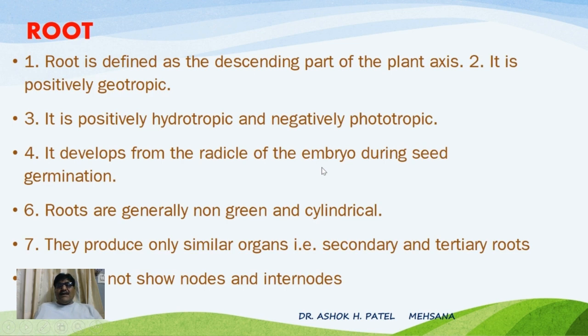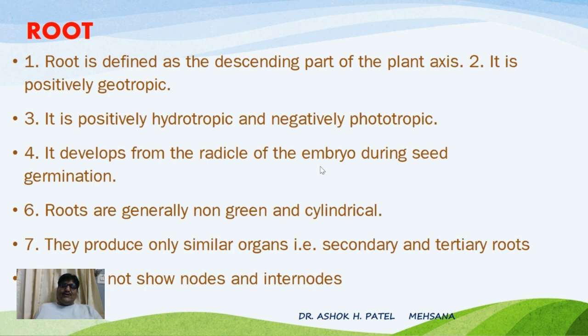First I want to discuss the root. What is the root? Root is defined as the descending part of the plant axis. It is positively geotropic, positively hydrotropic, and negatively phototropic. It develops from the radicle of the embryo during seed germination.